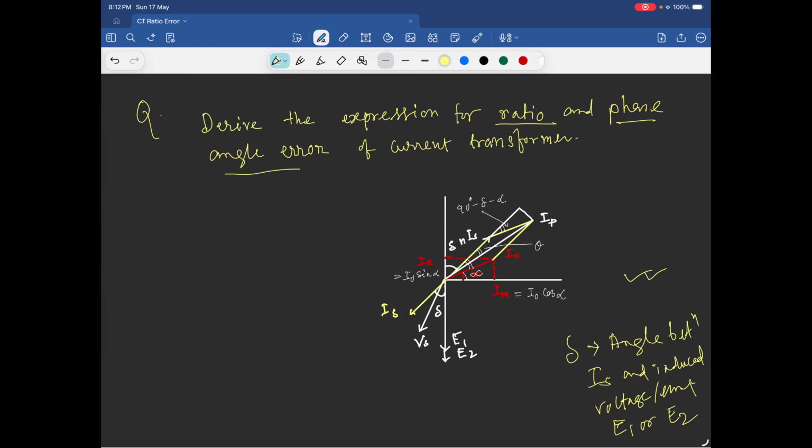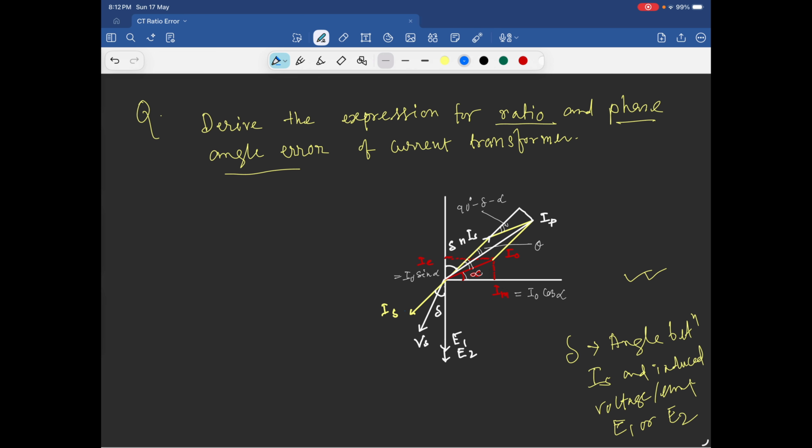Rather we can call it the angle between secondary current IS and secondary induced EMF E2. E1 and E2 both are in the same line. So when we look at the primary side, here this angle is delta.